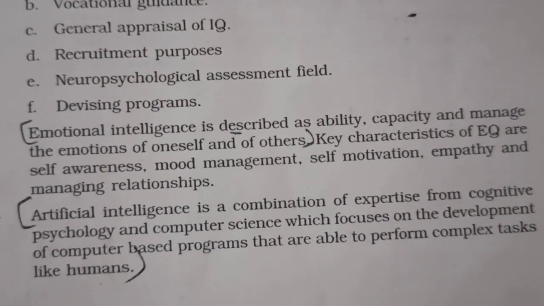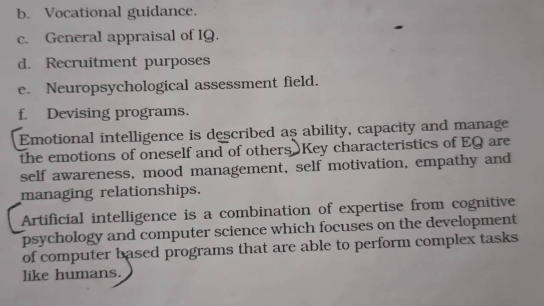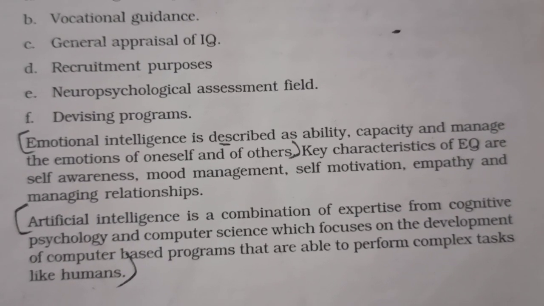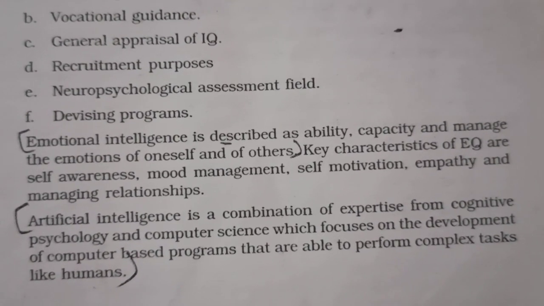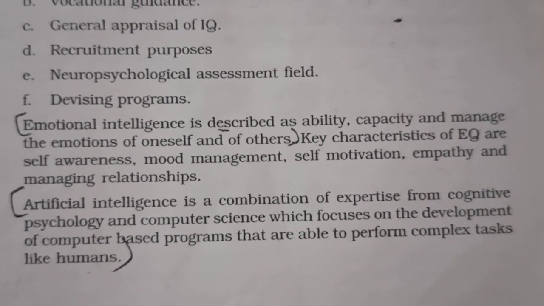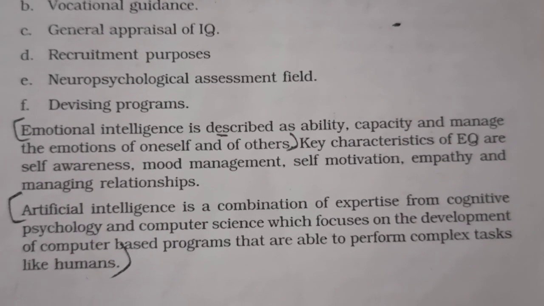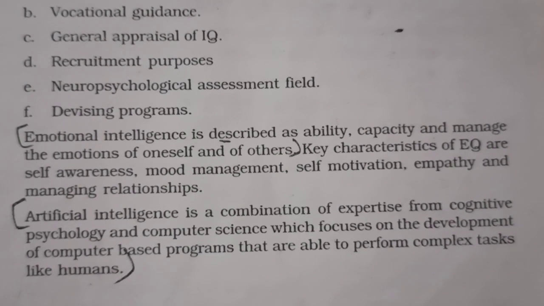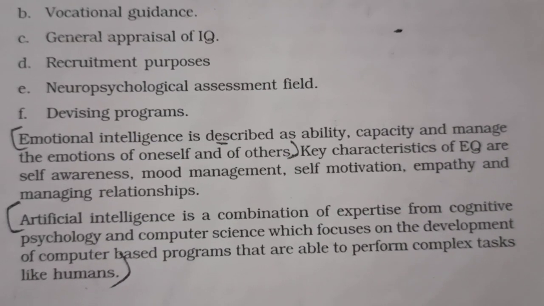The next one is artificial intelligence, a combination of expertise from cognitive psychology and computer science, which focuses on the development of computer based programs that are able to perform complex tasks like humans. The name itself shows that it is artificial, it is not original.